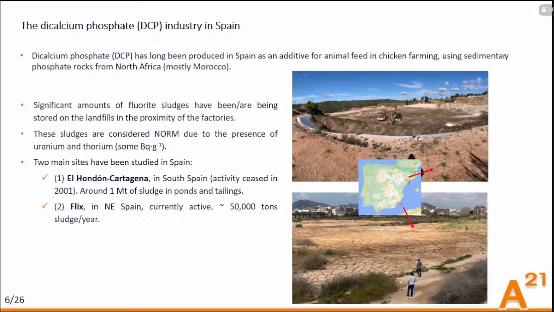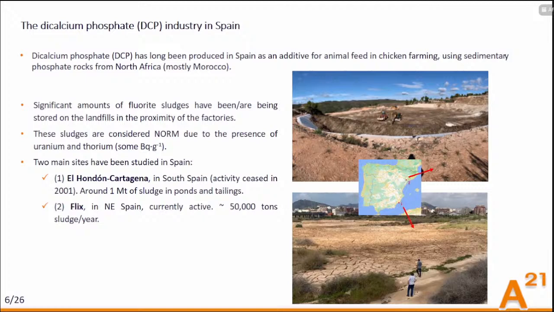As I mentioned, these residuals have some uranium and thorium inside, as well as some other radionuclides. So they are considered NORM, which is naturally occurring radioactive material. And we were mainly focused on two sites in Spain. One is El Hondón in Cartagena, which is a legacy site.